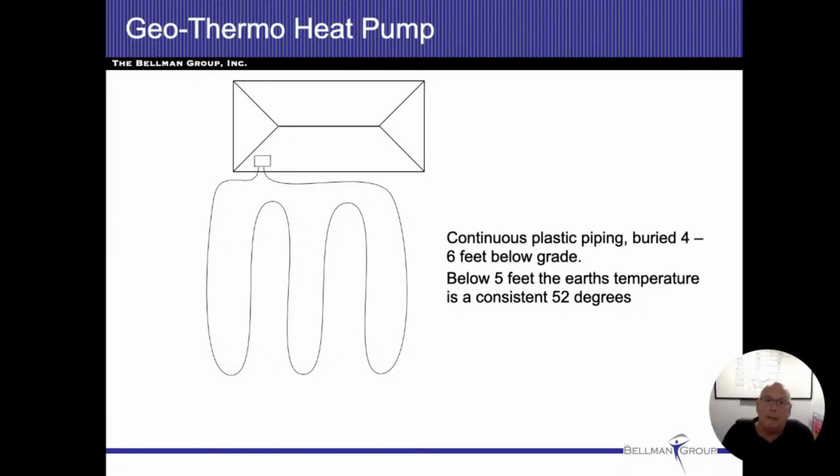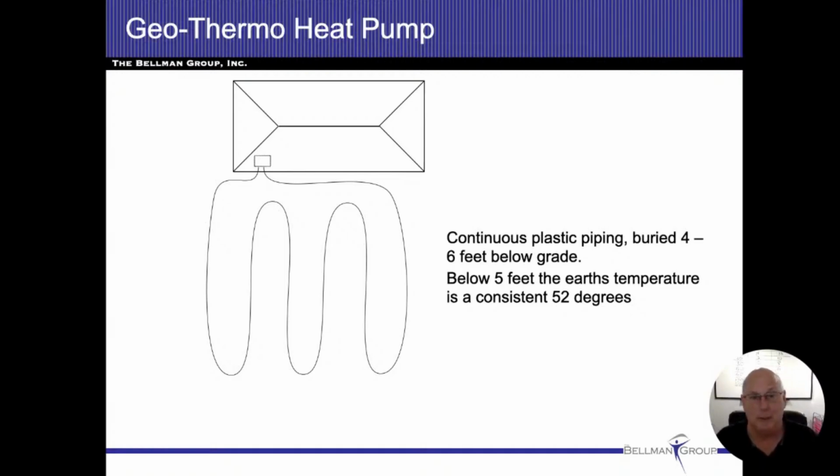Geothermals, they kind of work on the same principle as the heat pump. We know that about 5 feet and below, the average temperature of the Earth is going to be roughly around 50, 55 degrees, somewhere in that ballpark. So instead of having an air conditioning coil where I'm absorbing heat from the air, I'm actually going to use the heat that's present in the Earth.